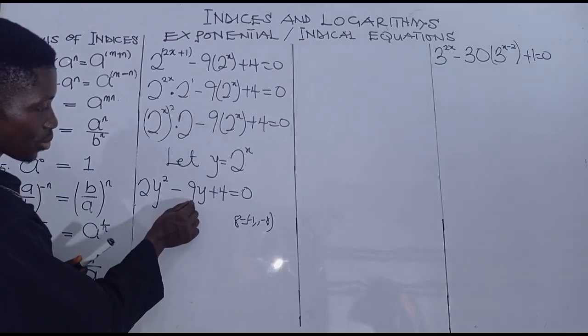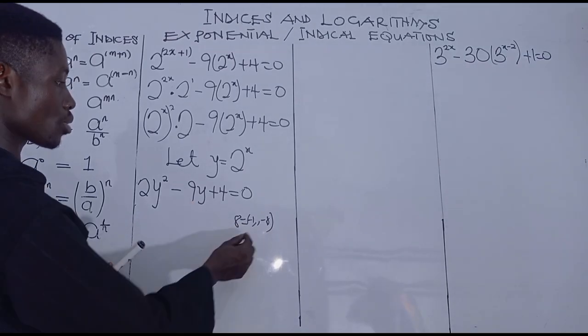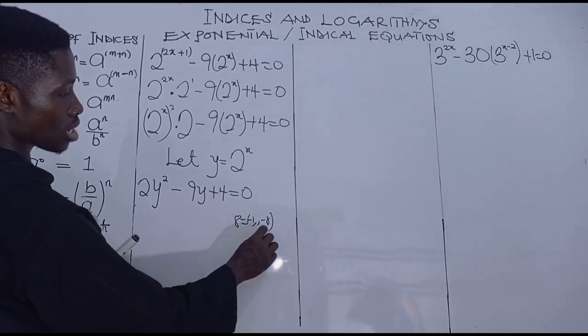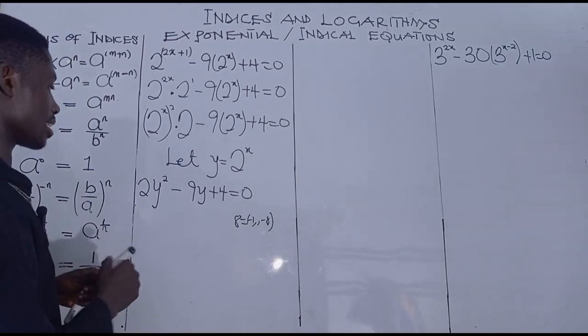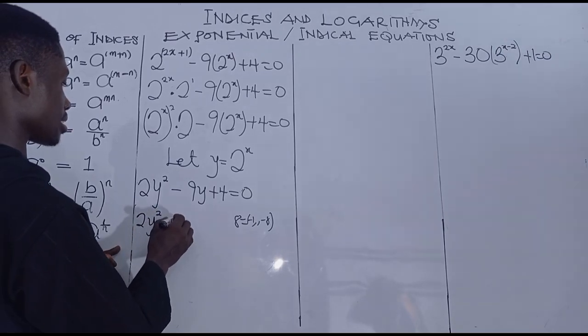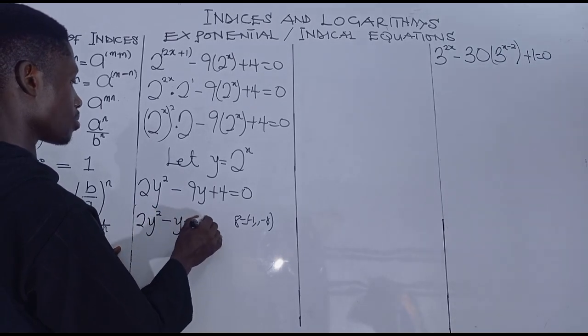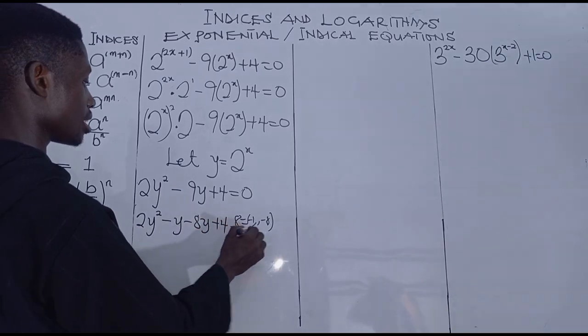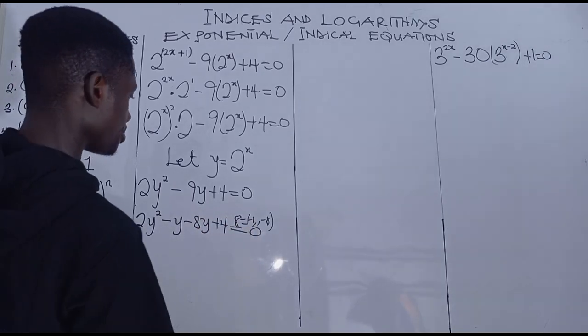When we sum it, we are getting minus 9. So we are going to substitute minus 1 minus 8 in place of minus 9. So we have 2y squared minus y minus 8y plus 4. That gives us 0.